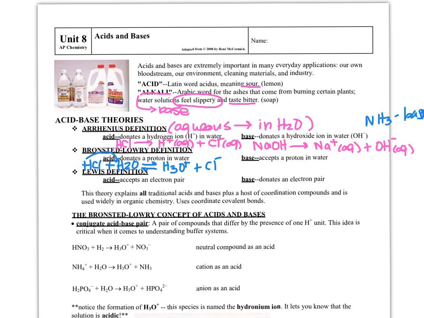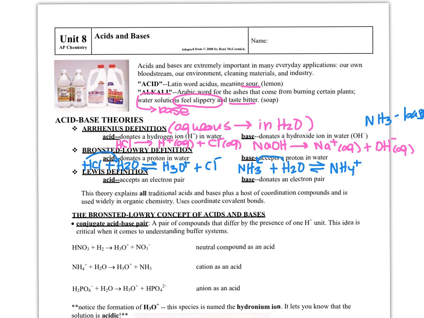The Bronsted-Lowry base is a little different. Let's say I take that ammonia, which was a little harder to tell was a base, and put it into water. What it's going to do in water is accept a proton. That means it's going to gain a hydrogen instead of losing one. So overall, we're going to have ammonium ions.